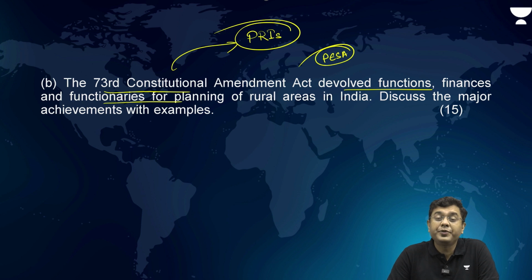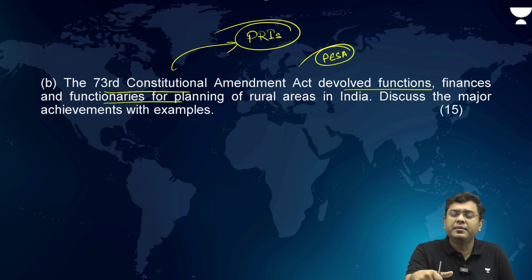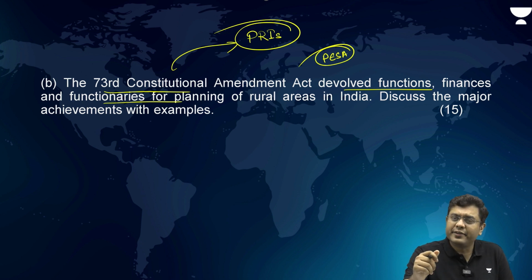So basically you had the gram sabhas which were empowered, so greater say in the decision making process. Now the local bodies became financially empowered by being able to raise their own monies, with the help of stamp duties, property tax, market permits, etc. So they were able to raise their own set of finances as well.